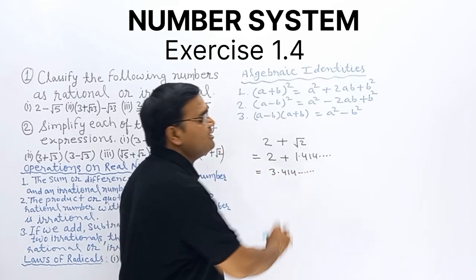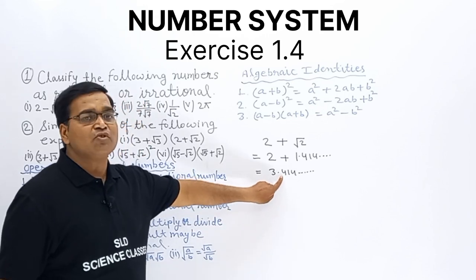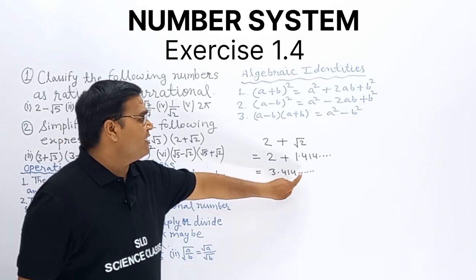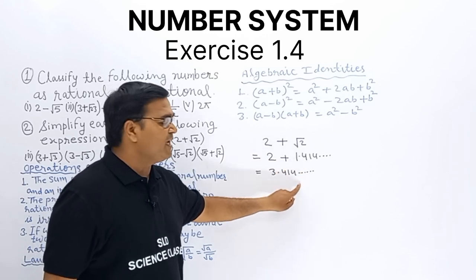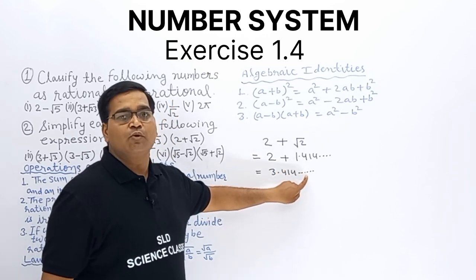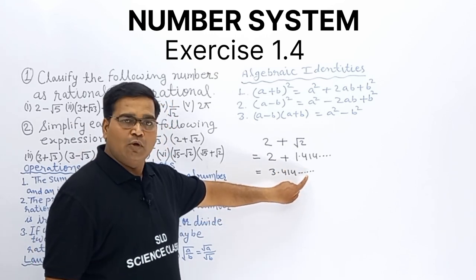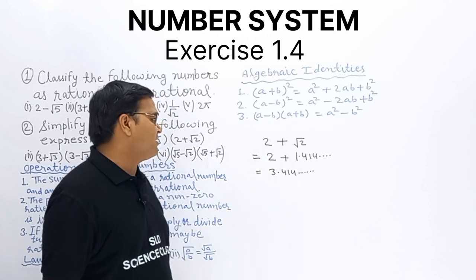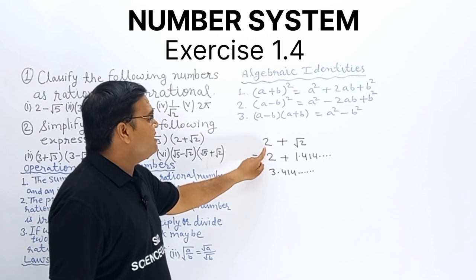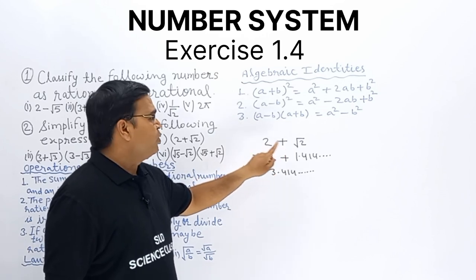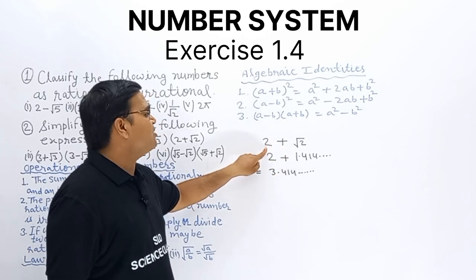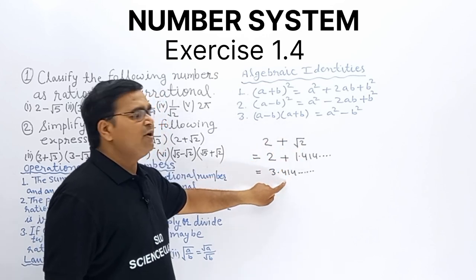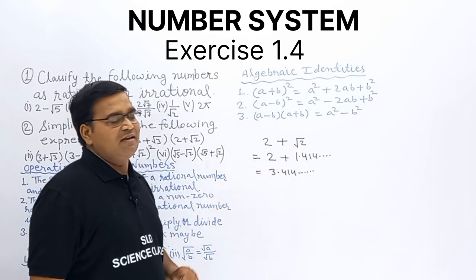So the result is irrational. This result is non-terminating and non-repeating; it goes on to infinity, and after the point we keep getting different values, so it is irrational. So we can say the addition of one rational and one irrational number is irrational.